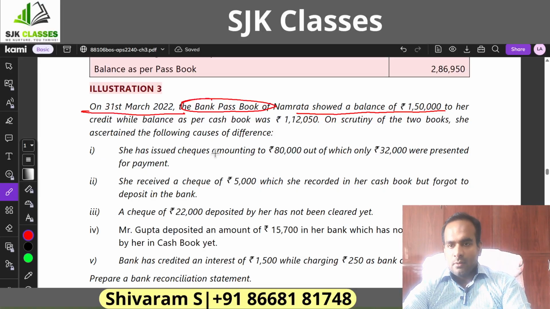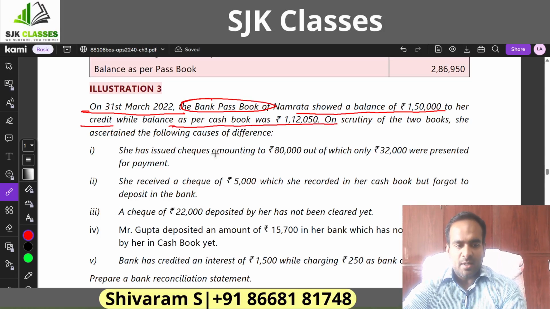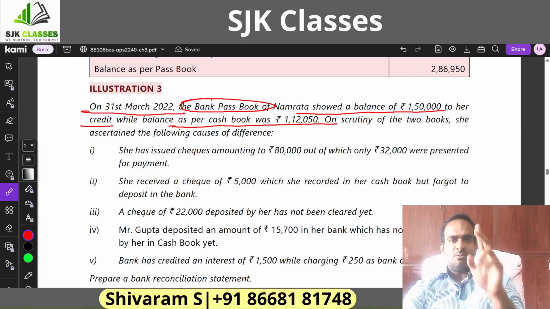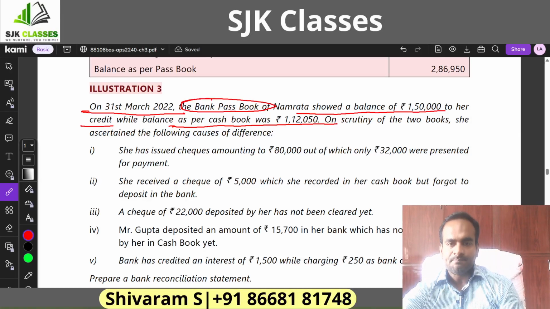To her credit means the passbook has a favorable balance of 1,50,000, while the balance as per cash book was 1,12,050. So the cash book balance is 1,12,050, whereas the passbook balance is 1,50,000.